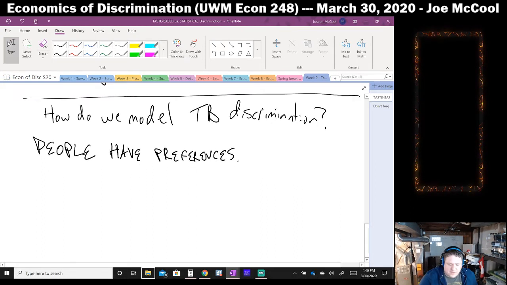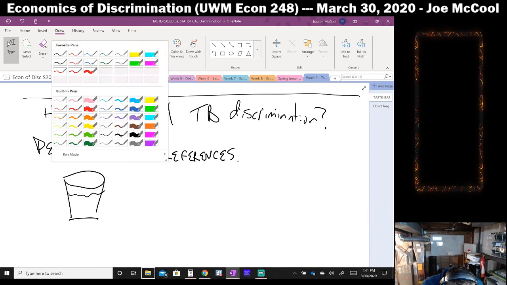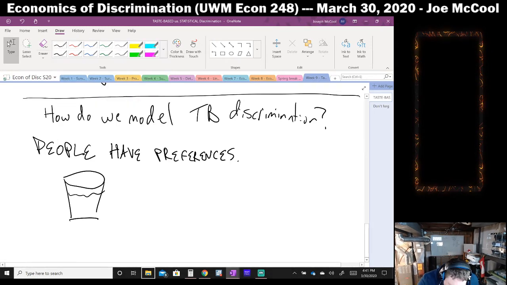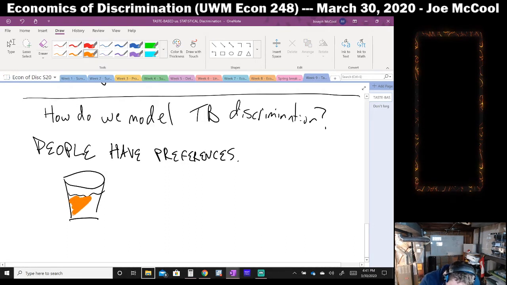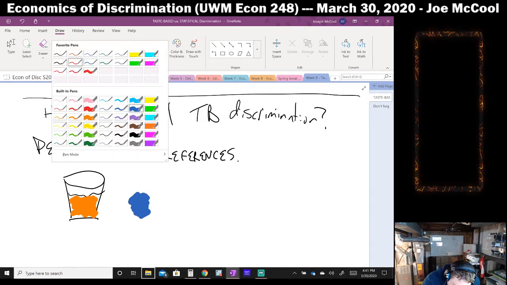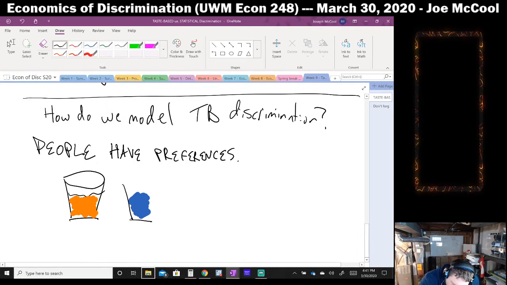So if I were to pour a cup of, do I have orange up here? Yes, I do. There we are. There's a cup of orange juice. And this will be a cup of grape juice.